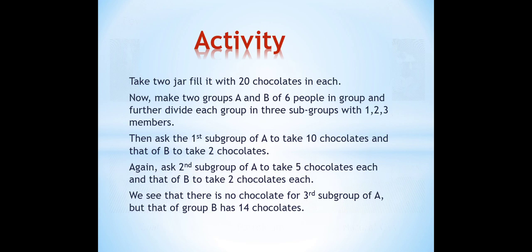Again, ask the second subgroup, which has two persons, to take 5 chocolates each from group A and 2 chocolates each from group B. Now see, in group A the first subgroup member took 10 chocolates, and the 2 members of the second subgroup took 5 each, 5 plus 5 is 10.